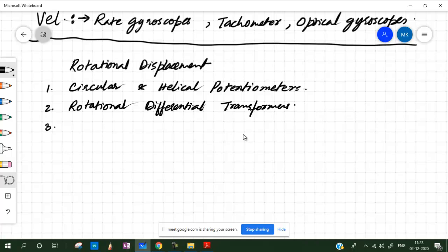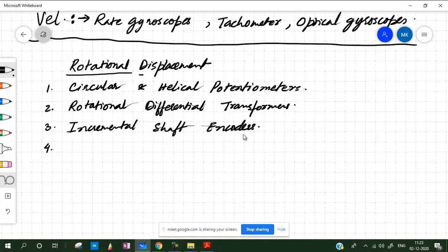Then we have the popular incremental shaft encoders. These are the optical encoders that we commonly use in rotational displacement measurements. These are very popularly used and very simple, I would say.